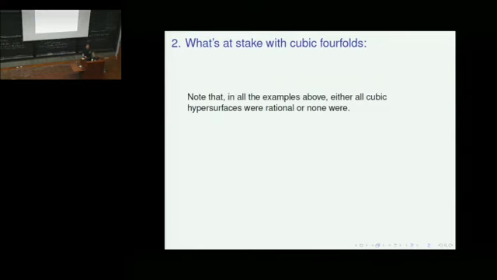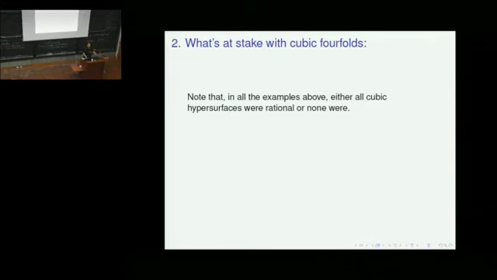So the first thing to do is to notice that in all the examples, smooth cubic plane curves are never rational. Smooth cubic surfaces are always rational. Smooth cubic threefolds are never rational. The point is that in each case, we have a family of smooth projective varieties, and they're either all rational or all non-rational.